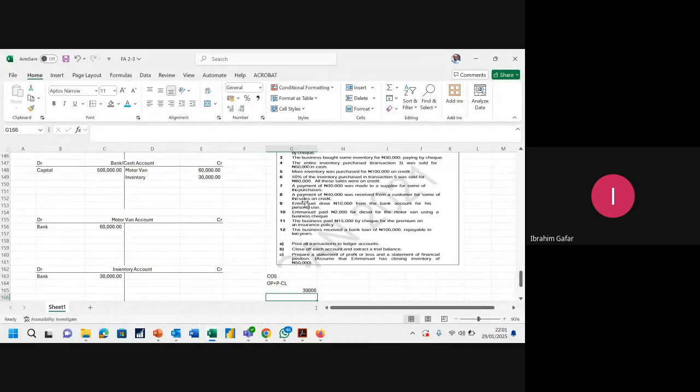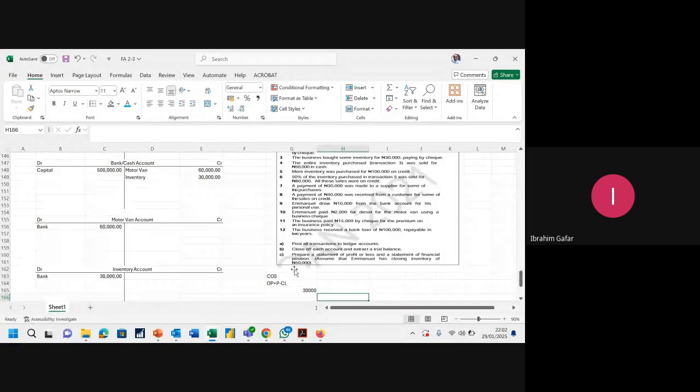That account is fine. But then something happened to your inventory account, right? Yes. In that instance, your inventory account will now be credited.